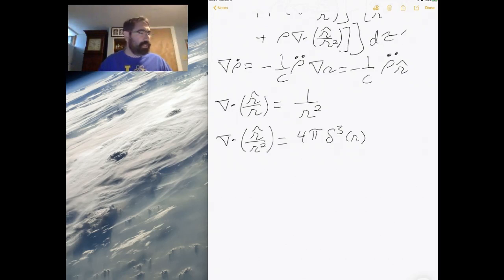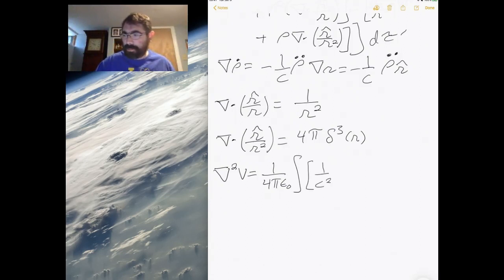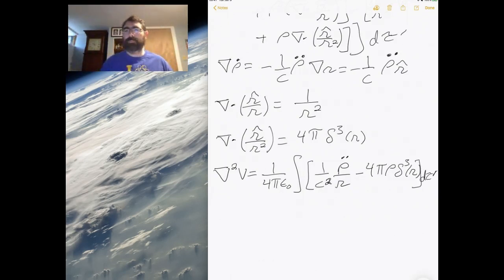Let's put it together now. What do we have? The Laplacian of v is 1 over 4 pi epsilon naught, the integral of 1 over c squared, rho double dot over r, minus 4 pi rho times the delta function, integrated over the volume in the primed frame.